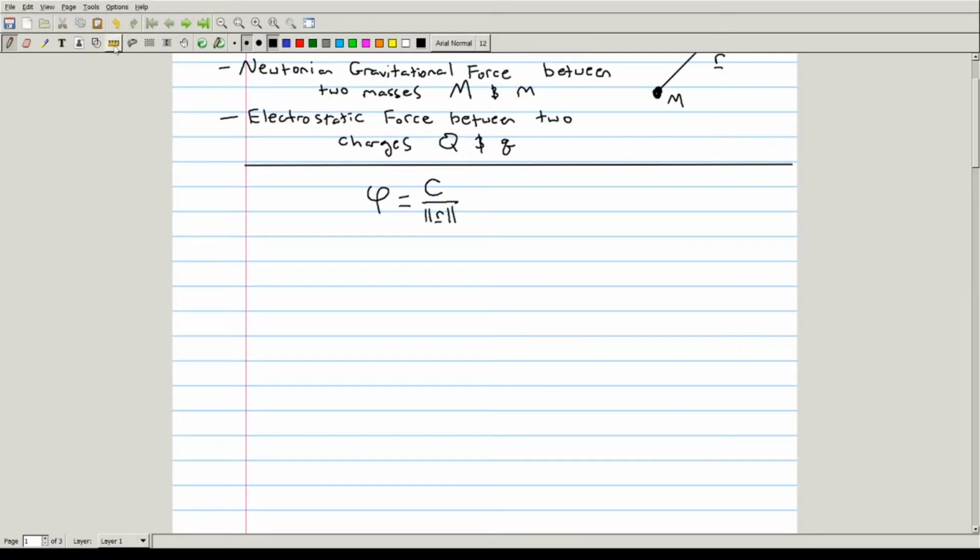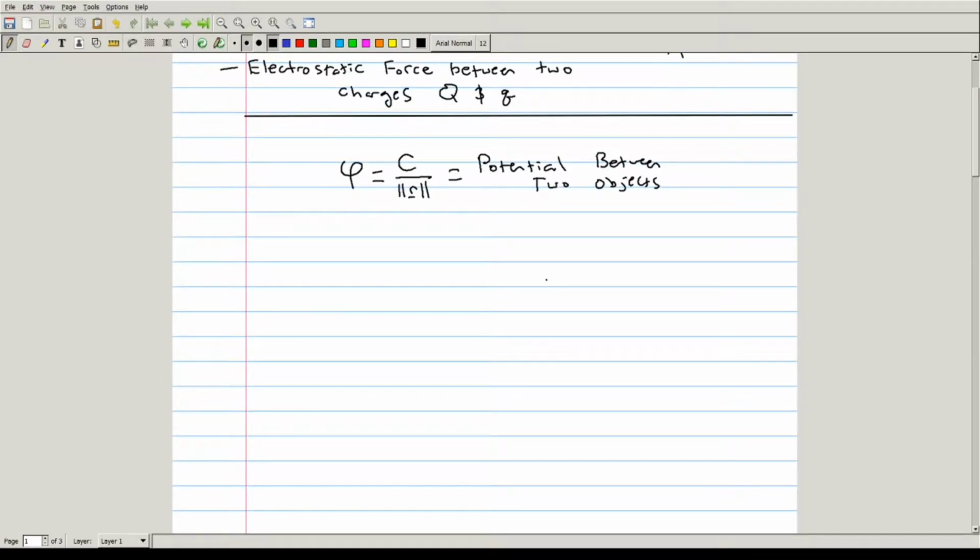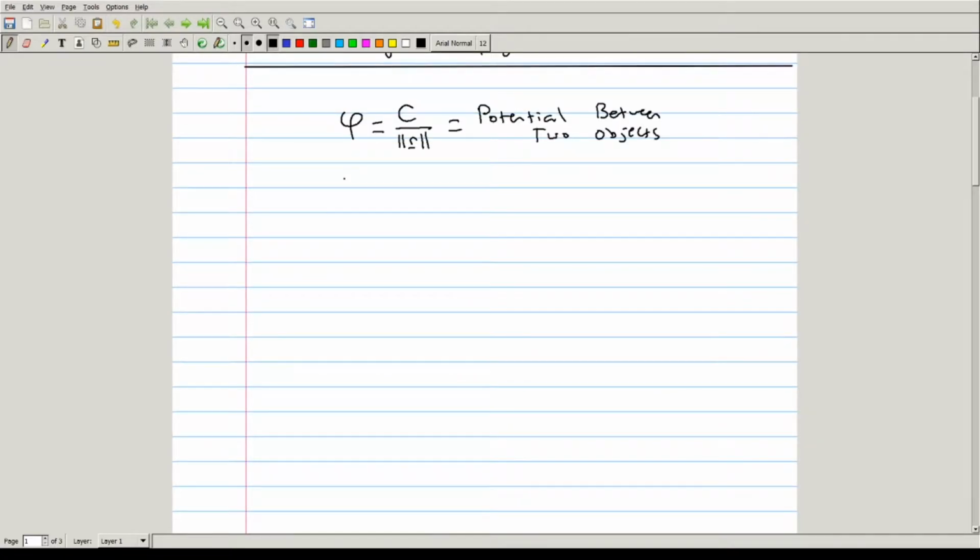In either case, this is the correct form for the potential energy, and specifically, we're going to show right now why this potential generates an inverse square law for the force.